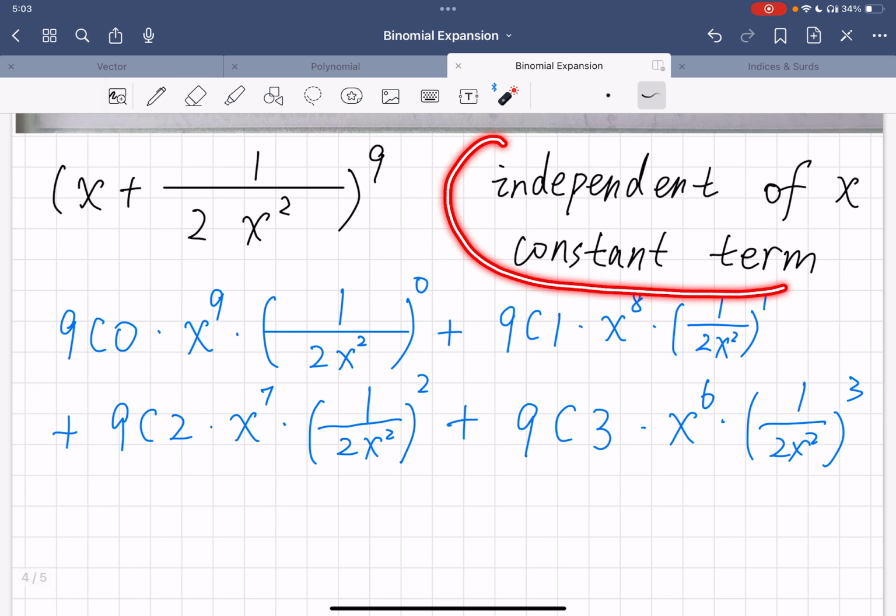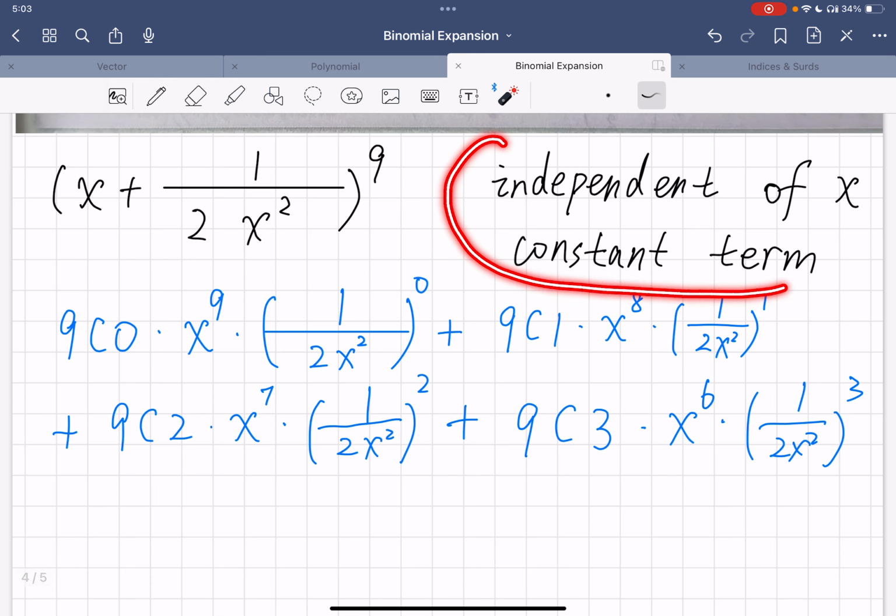So this term is what we want. Because after this term, the denominator's power will get much higher, and this one's term will get much lower. So you will never find a balance.